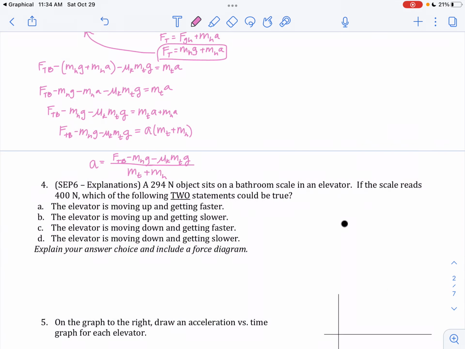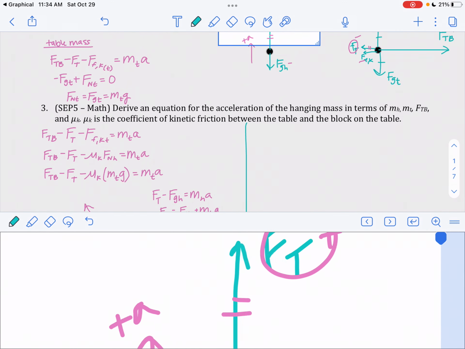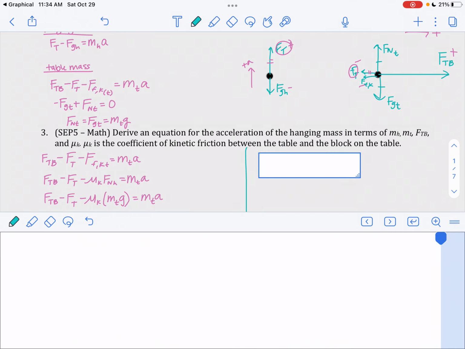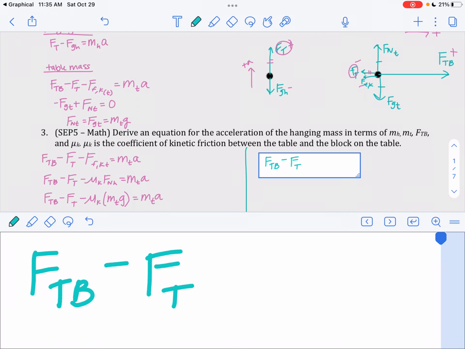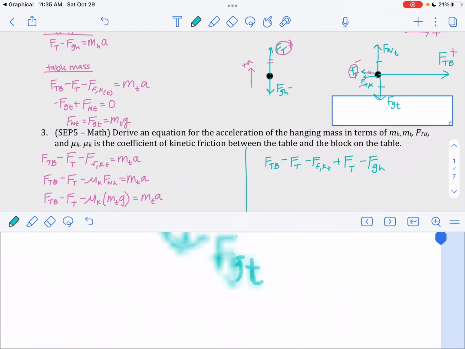Now, I'm going to show you another way to do it that's maybe a little bit easier, and that's the system method. So with the system method, I'm still going to use my two Fnet equations over here, but I know that the net force on my system is going to be the sum of all the forces that are acting along the axis of acceleration.